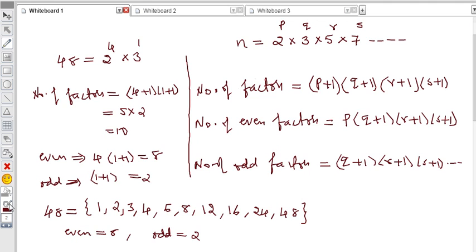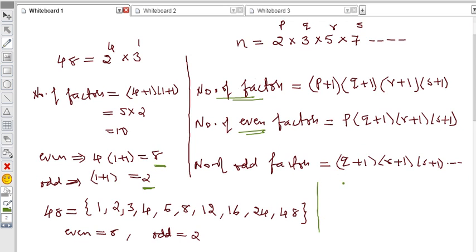So the number of even factors is 8 and odd is 2. The concept is based on only these 3 simple formulas. Number of factors: add 1 to every power and multiply. Number of even factors: first power as it is, remaining powers add 1. Number of odd factors: the 2 power value is not taken.